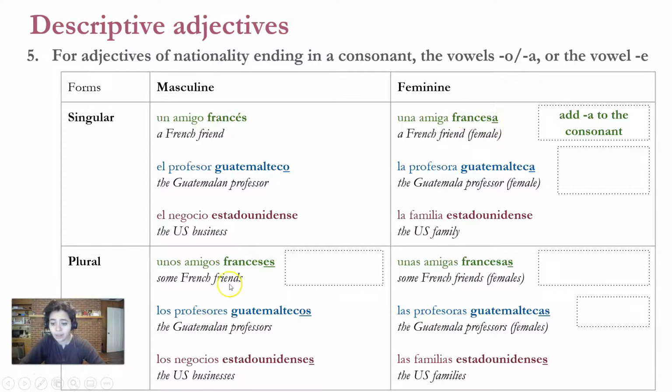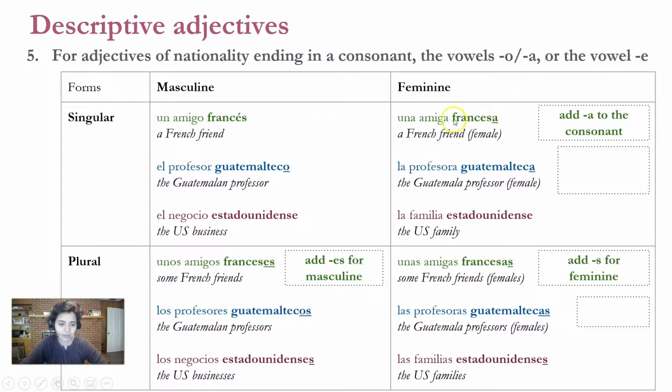To form the plural masculine of the adjective, you have to add an es. Unos amigos franceses, some French friends. To form the plural form of the feminine adjective, you have to add what?